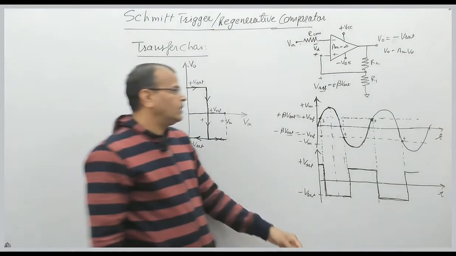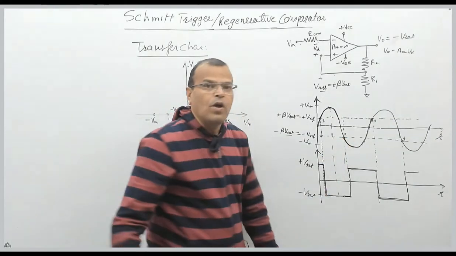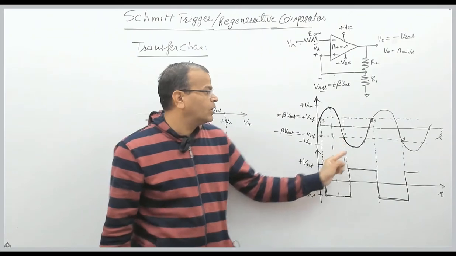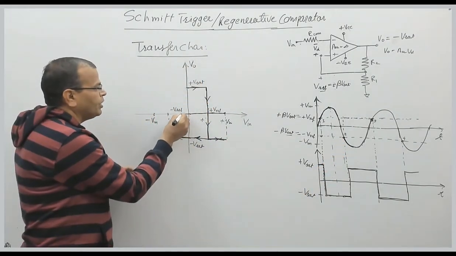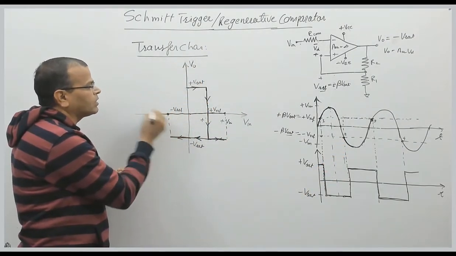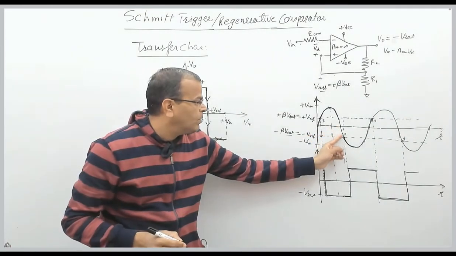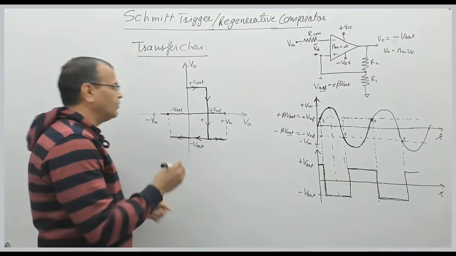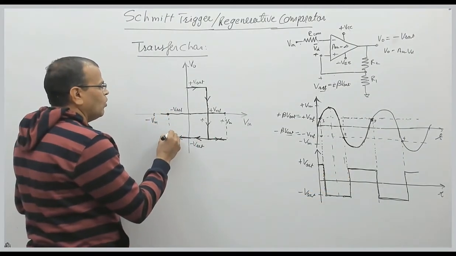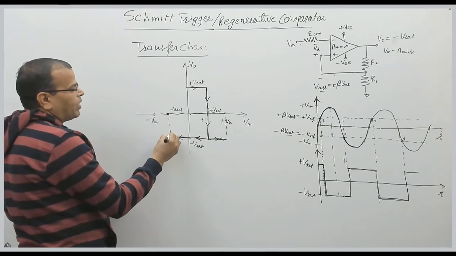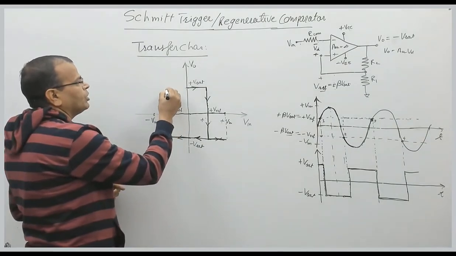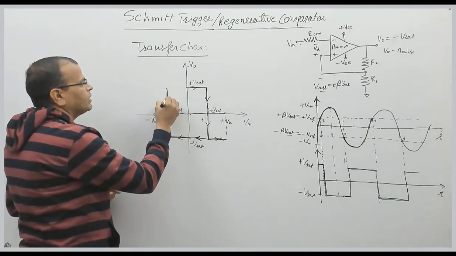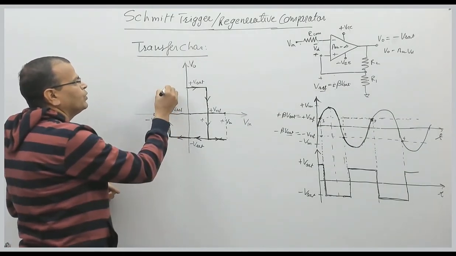Now see this instant. When input voltage is becoming more negative than this, output is changing its level from minus Vset to plus Vset. It means at this instant, when input voltage is trying to become more negative, output voltage changes its level from minus Vset to plus Vset.